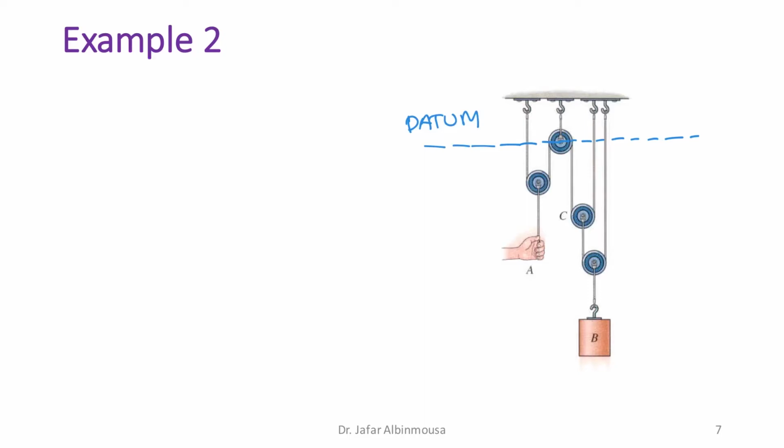So from here to here, this is going to be SB. And from here to here, this is going to be SC. And from here to here, this is going to be SA. And that's it. That's the first step.